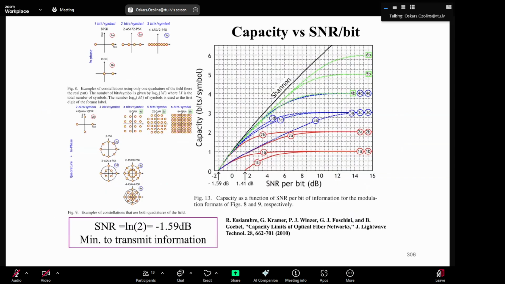Right. I think we already had this graph earlier. But here it shows the importance of not only this geometrical constellation shaping, which is done here with different geometries, but then you can get closer to the Shannon limit if you employ, for example, this probabilistic shaping here.